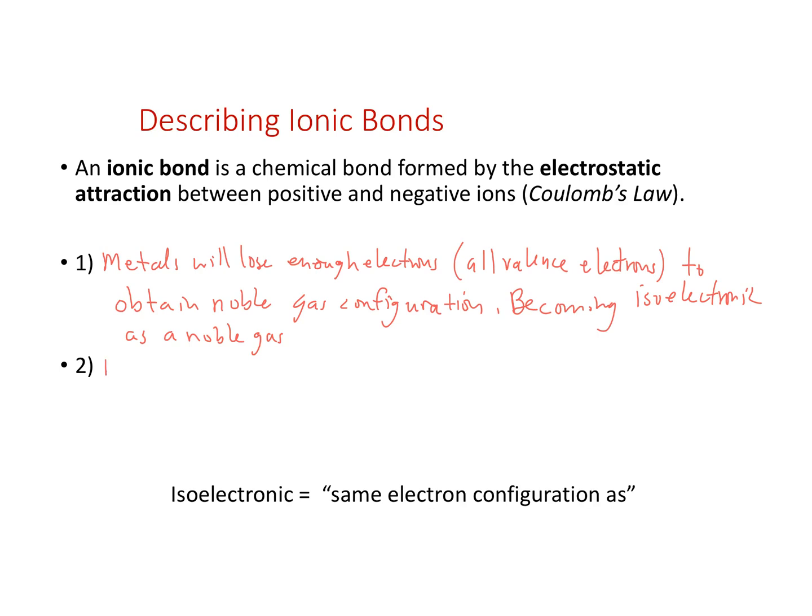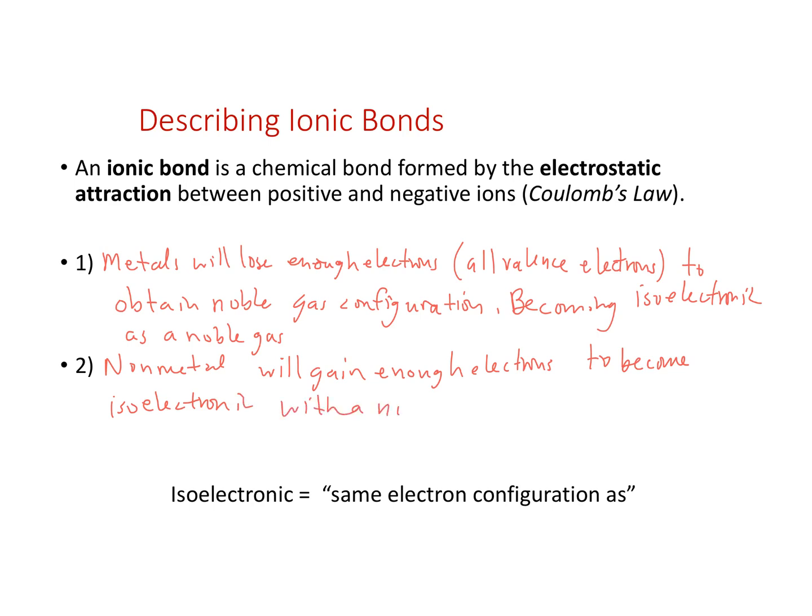Nonmetals have high electron affinities, so our nonmetal will gain enough electrons to become isoelectronic with a noble gas. Our metals will lose electrons, our nonmetals will gain electrons. Both react in a way to become isoelectronic with a noble gas.